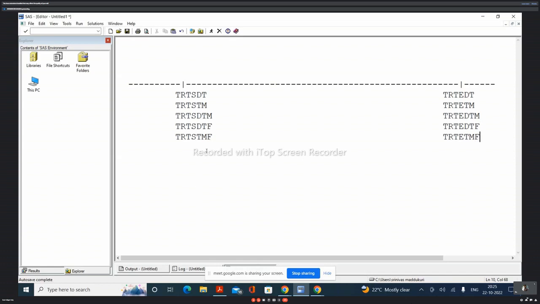Understand? Now I told you we can divide one study into multiple treatments.